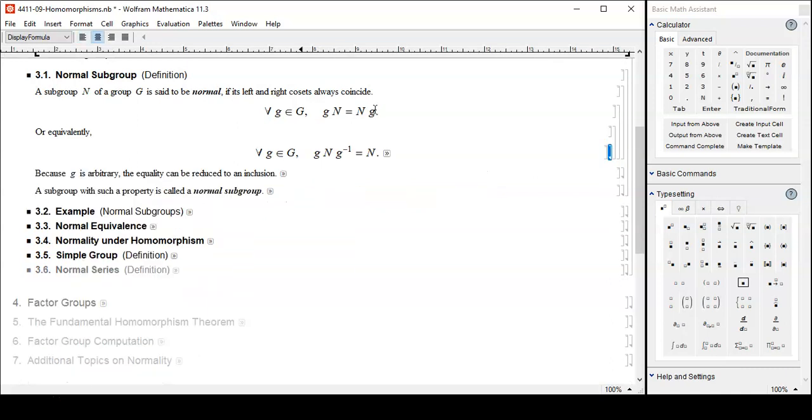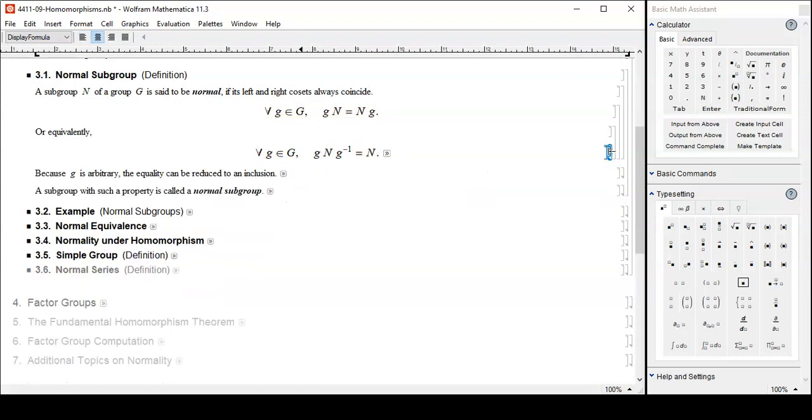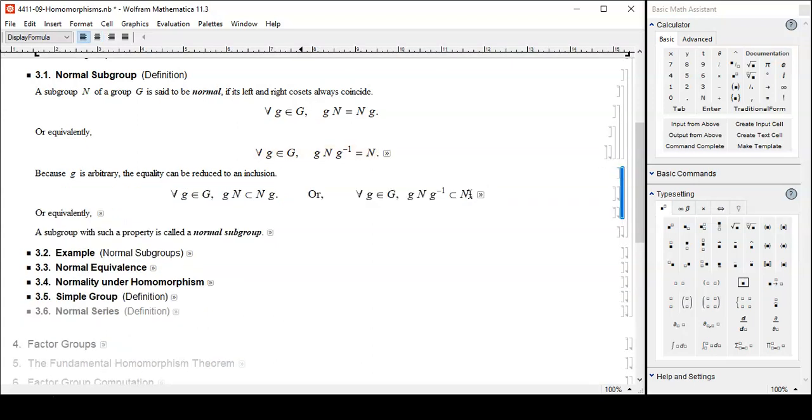Okay, the manipulation from here to there was rather trivial, as you saw. Now let's do some non-trivial manipulation. From here, let's reduce it this way. So this equality can be reduced to this inequality. That's what I'm claiming. Wait a minute. Did I just say an equality was reduced to an inequality?